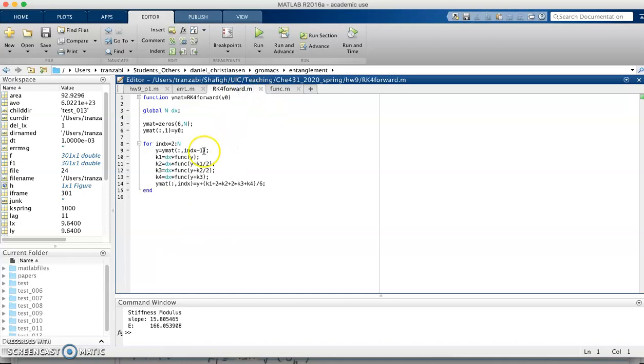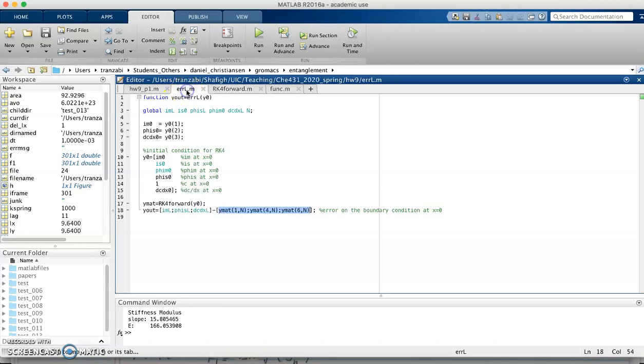I go back to RK4, so RK4 is done by having function, and then this RK4 spits back the result, the full solution from 0 to L to this error function. And then the error function only requires the last 3 values to subtract from the boundary conditions for the current, potential, and the slope.